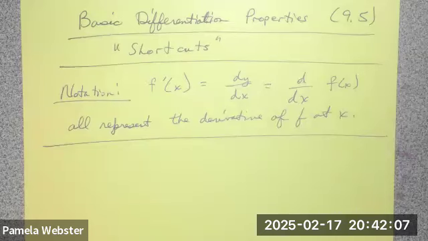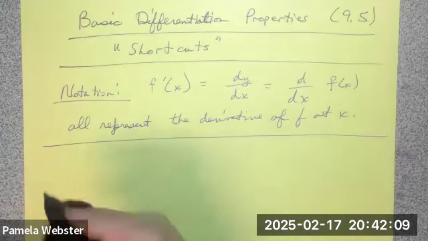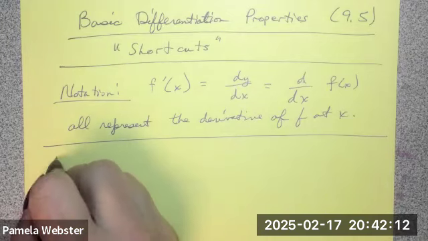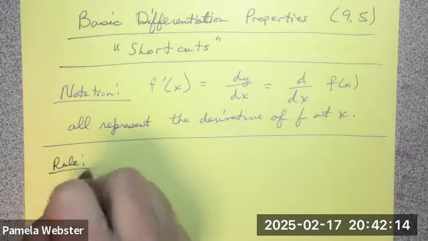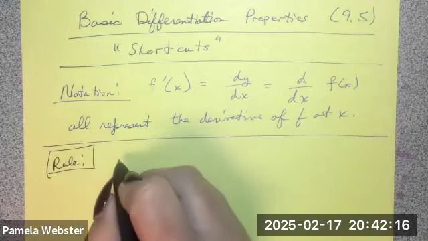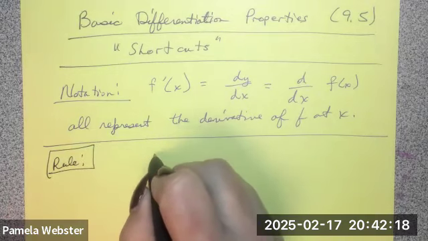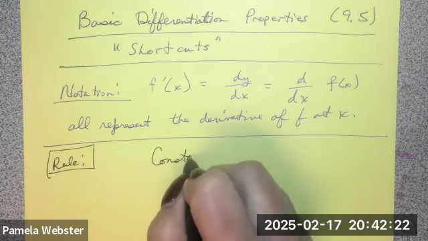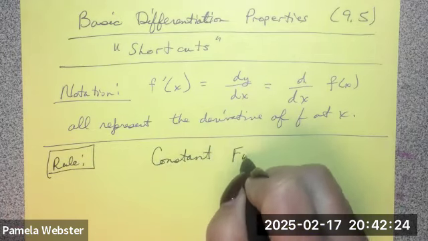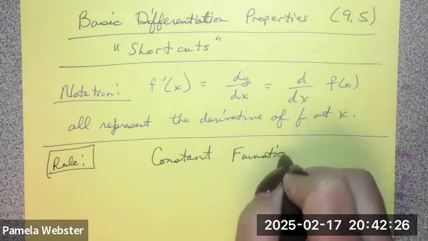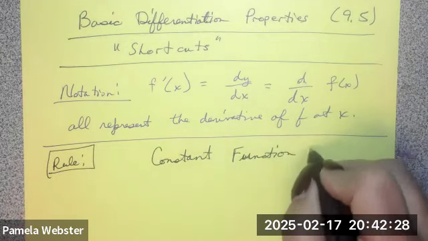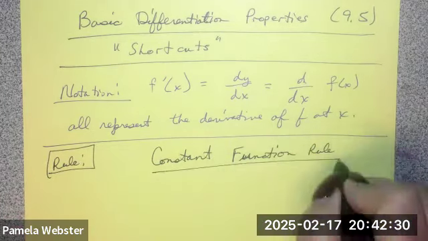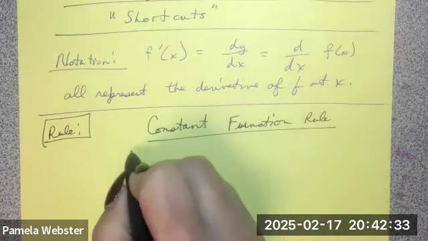Okay, so without further delay, here are some of our shortcuts. Here's a rule. Mark it down, put it somewhere. It's on a formula sheet probably. The constant function rule. And this is what it says.